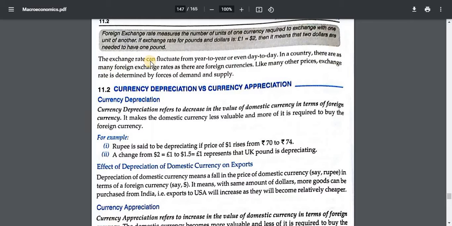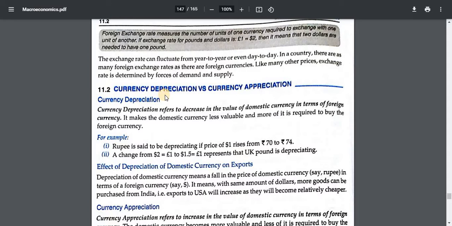The exchange rate can fluctuate from year to year or even day to day. In a country, there are as many foreign exchange rates as there are foreign currencies. Like many other prices, the exchange rate is determined by forces of demand and supply.